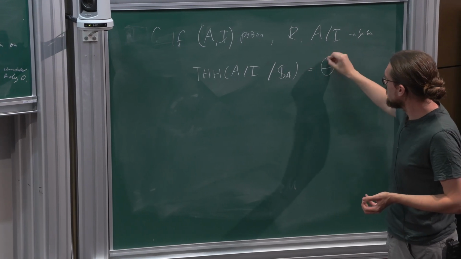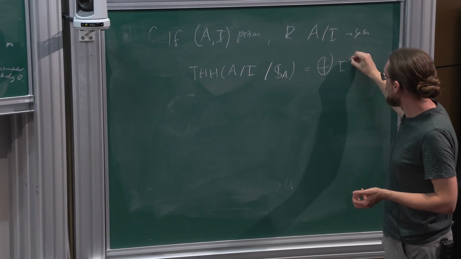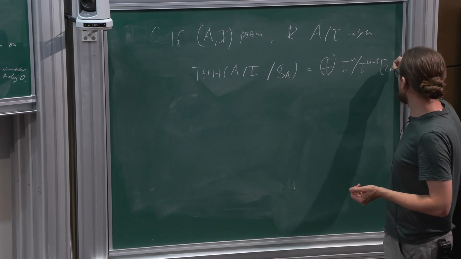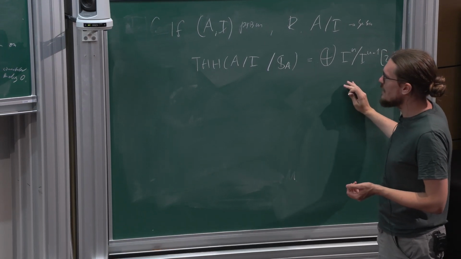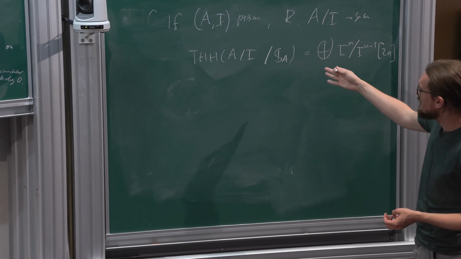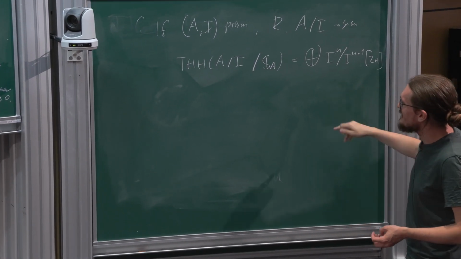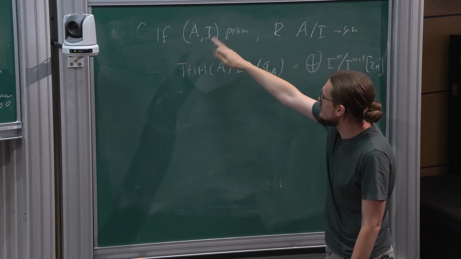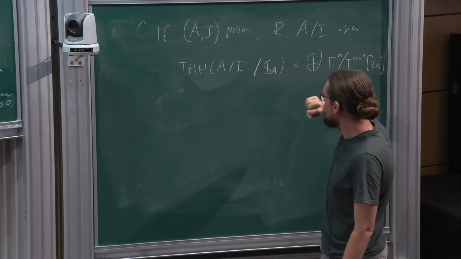This is like the sum of I to the n mod I to the n plus 1, shifted by 2n. This is what Thomas and I call the ultimate form of Böckstedt periodicity. And in that case, maybe assume that I is principal. There's like a twisted version you can make instead.